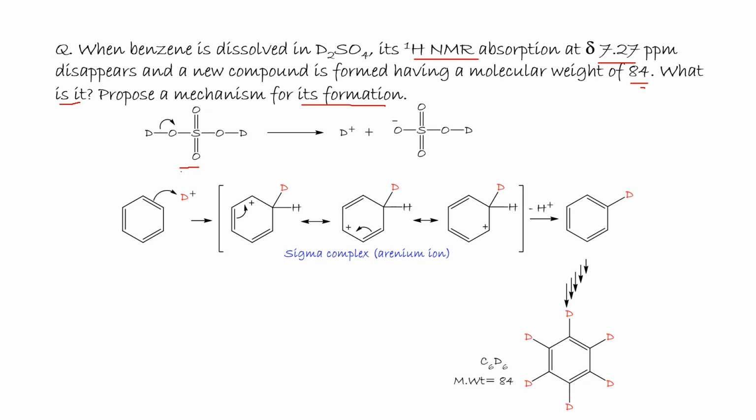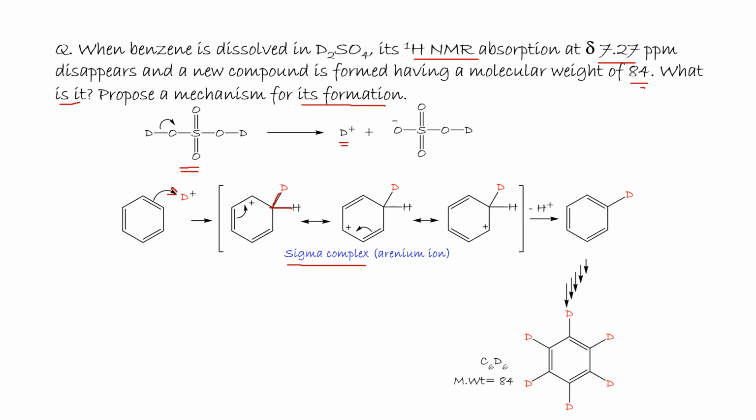Sulfuric acid will dissociate to form deuterium ion. Deuterium ion will play as an electrophile. Benzene will attack to form sigma complex. The sigma complex has carbon-deuterium and carbon-hydrogen in the intermediate.